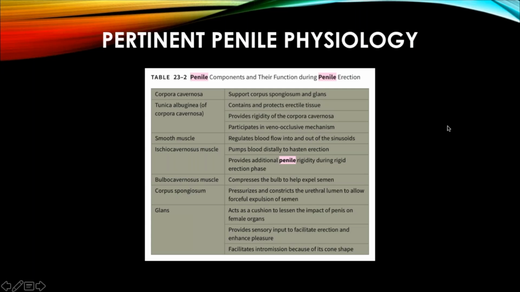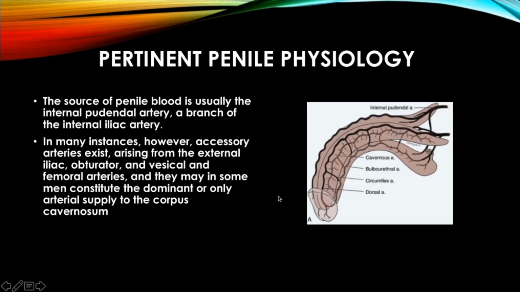Now, I will tell you, most men, when they hear this, never thought that the penis had so much stuff in there and really don't appreciate the functional significance of most of it. The source of the penile blood supply is usually the internal pudendal artery, as you can see here. It's a terminal branch of the internal iliac artery.